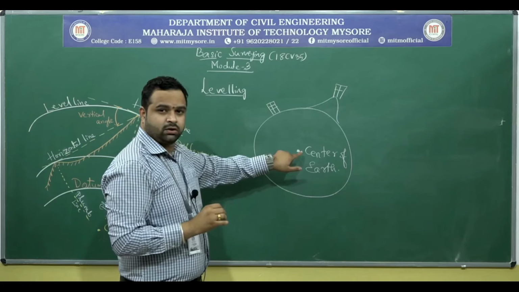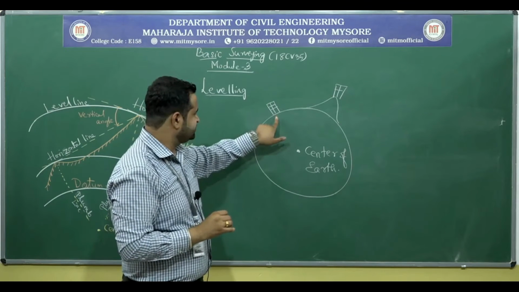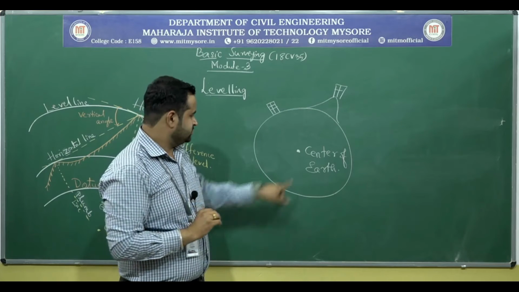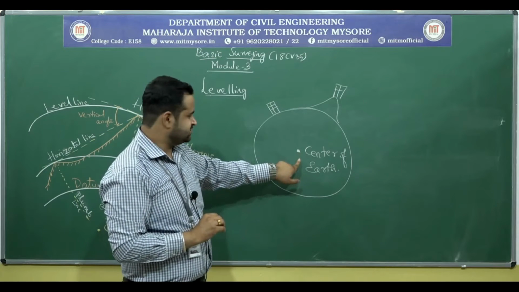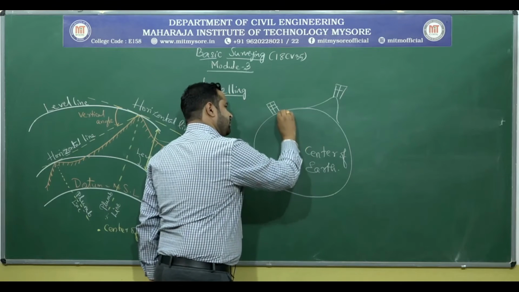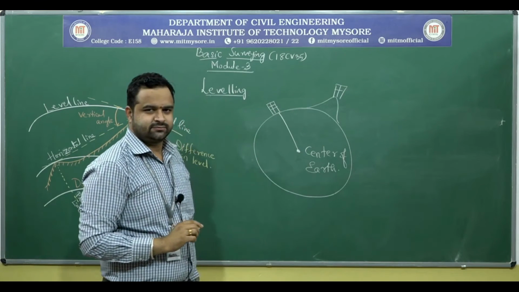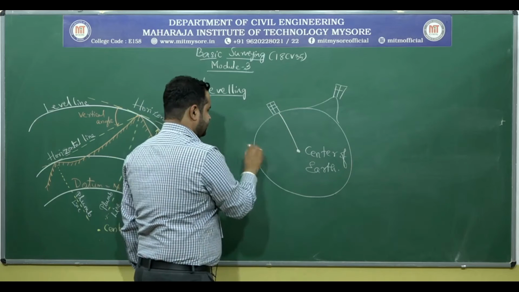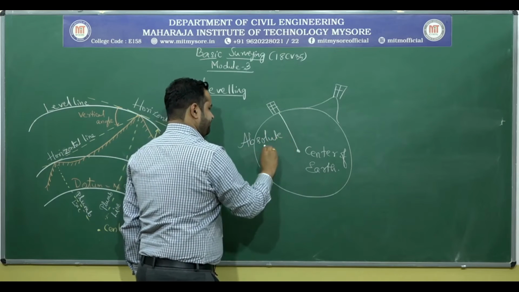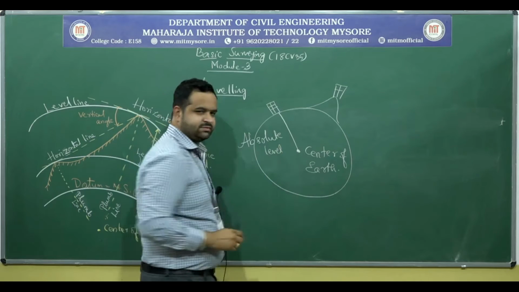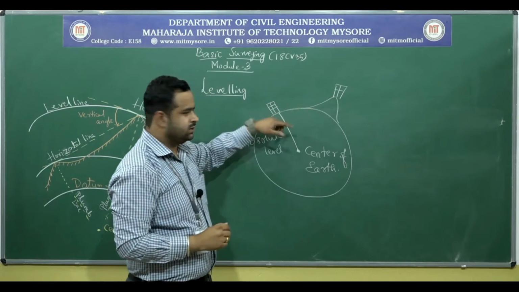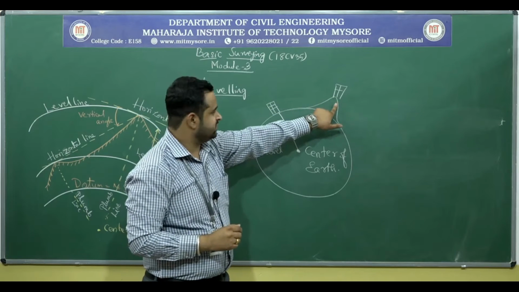Now, we should locate the position of these buildings with respect to some known point. So, in this figure, from the center of earth I can measure this distance. This line is called as absolute level.